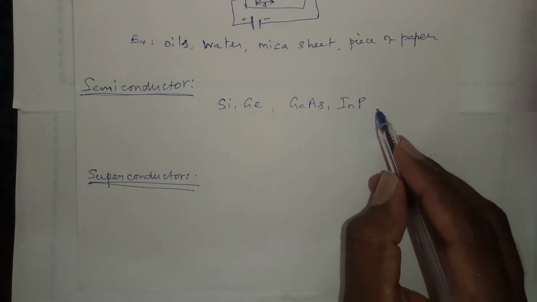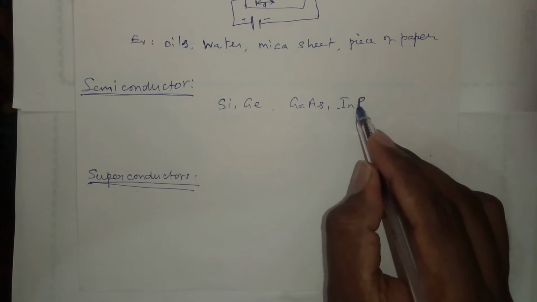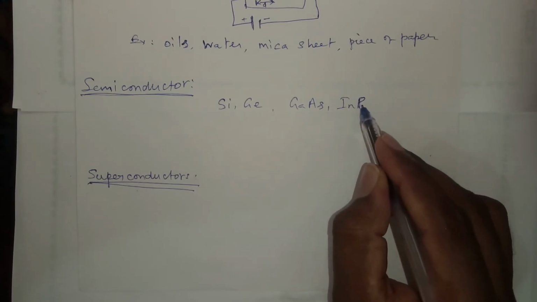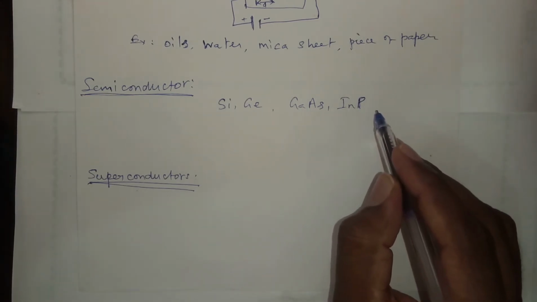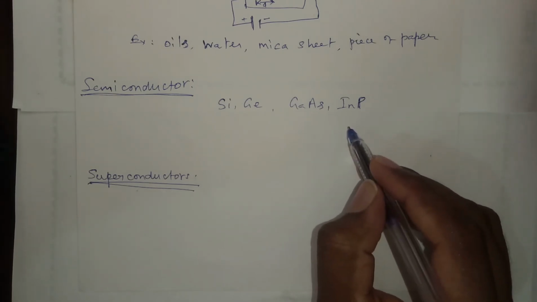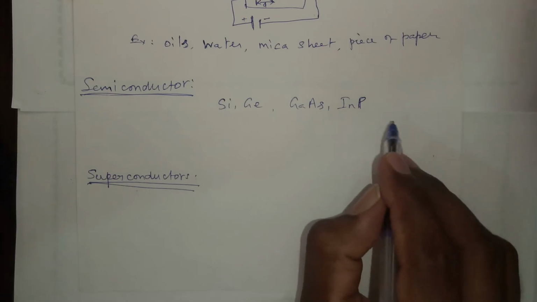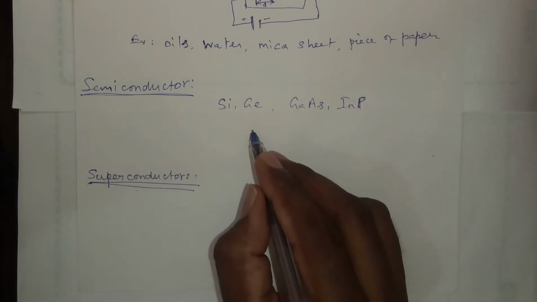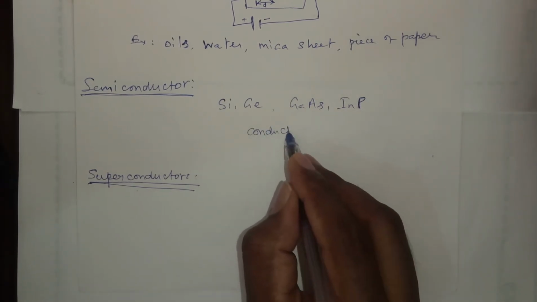Semiconductors are used widely in electronics. Electronics is simply the field which deals with semiconductors, in which the electrical conductivity and also the resistivity lie between those of conductors and insulators.